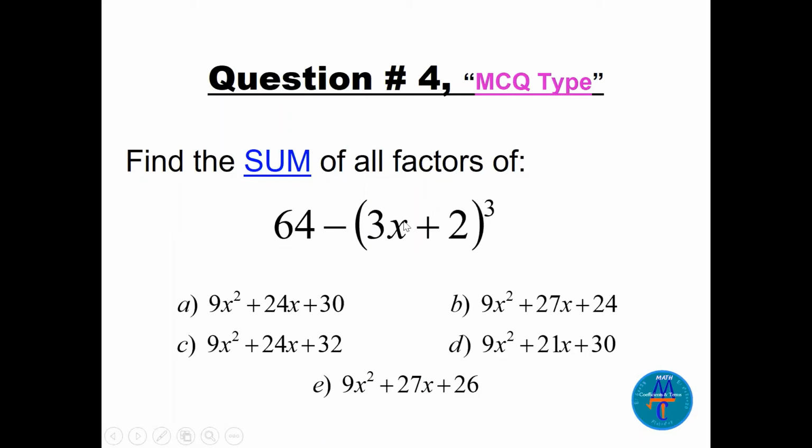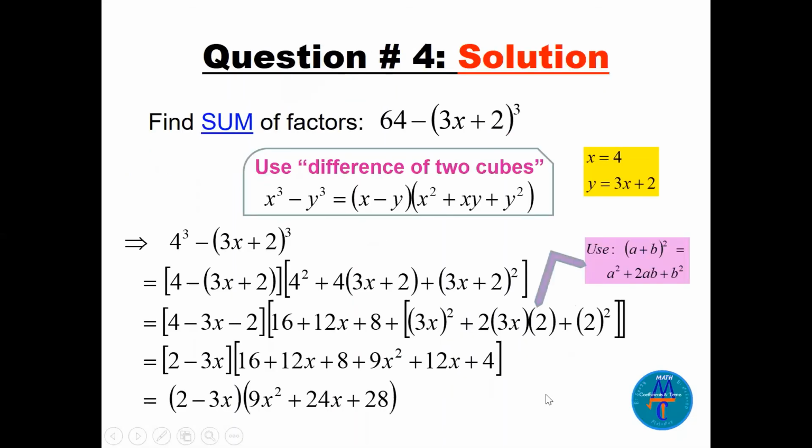You have to make this one cubed to see the formula of two terms. 64 will be 4 cubed and minus 3x plus 2, this is all like y cubed. Factor it normal. When you finish, take the factors and add them. Find the sum means add them. Then you find one of these answers. It's a little long here. Let's see.